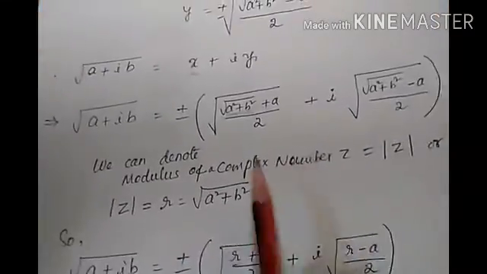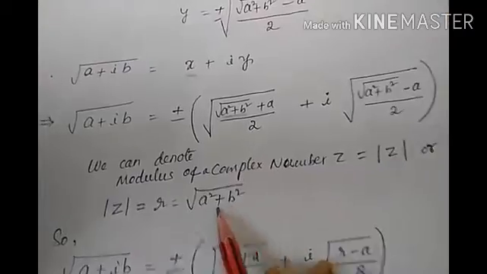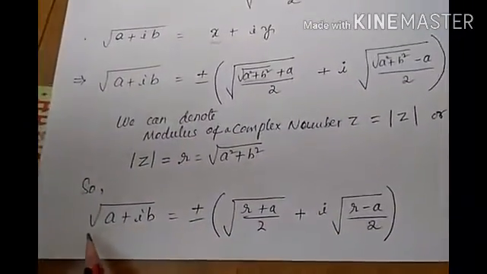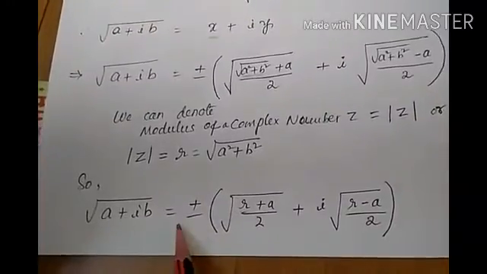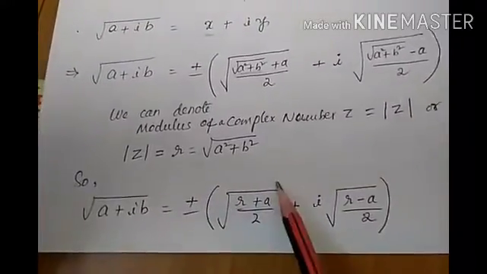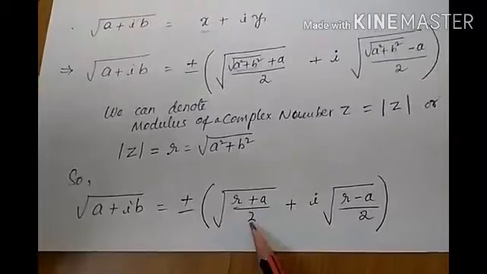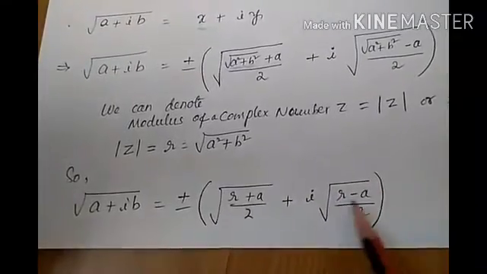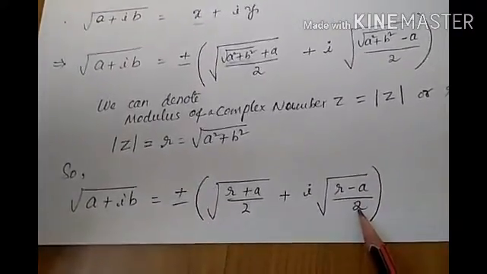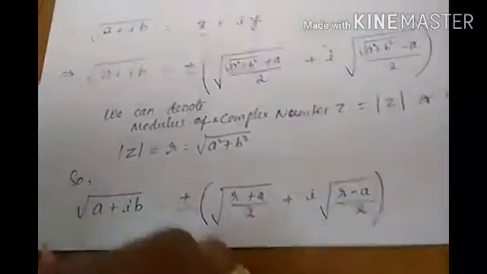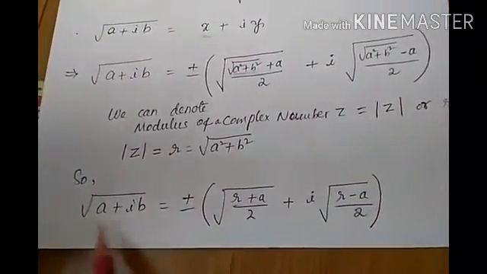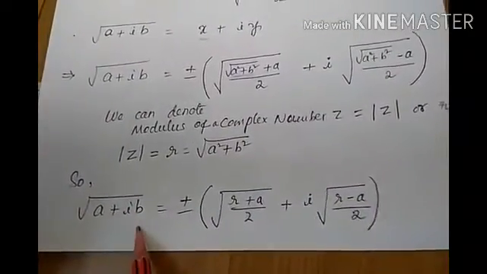So, instead of square root of a square plus b square, you can write r in the above formula. So, we get square root of a plus ib equals plus or minus square root of (r plus a) by 2 plus i into square root of (r minus a) by 2. It is the formula for finding the square root of a complex number.